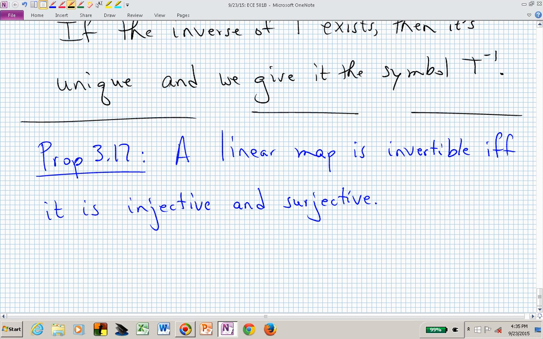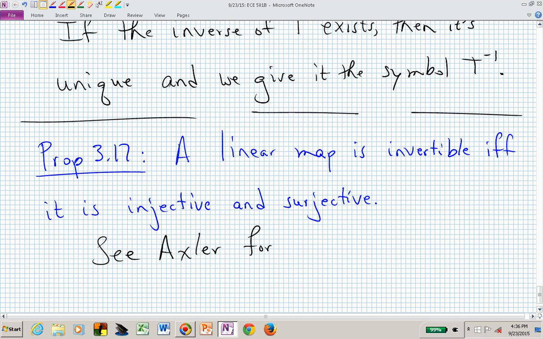Now, we're not going to go through the formal proof. I'll let you look in the textbook for that. But let's now sort of talk about it intuitively, what we mean by an invertible map and why it is necessary and sufficient for that map to be both injective and surjective.